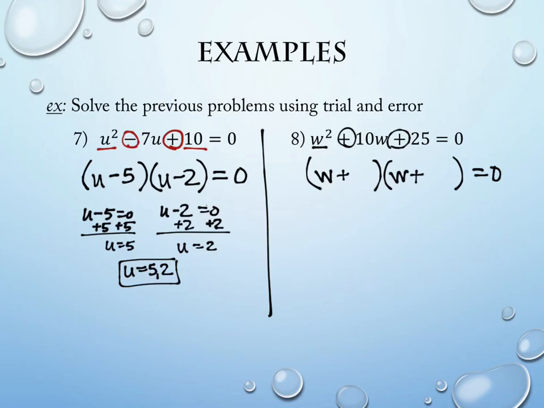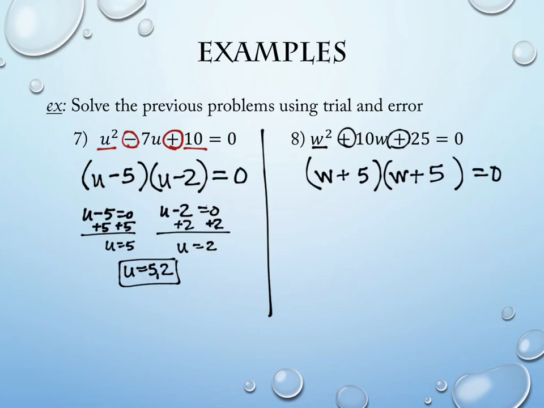Again, I don't have a lot of choices. Trial and error also works better, it's a lot easier when you have few choices. I mean, like 25 is a great number, 10 is a great number. 24 is not a great number. It's awful, actually, because you have 1 and 24 and 2 and 12 and 3 and 8 and 4 and 6. 4 choices is a lot of choices when it comes to figuring out factors. So 2 choices, not too bad. It is 5 and 5.